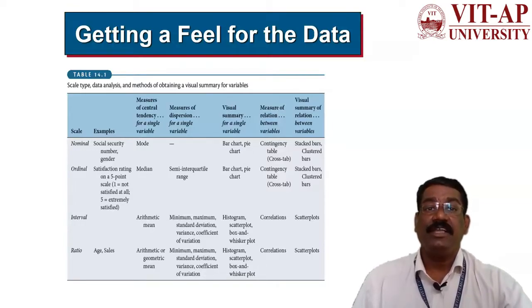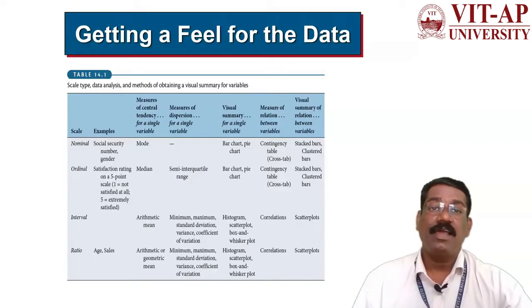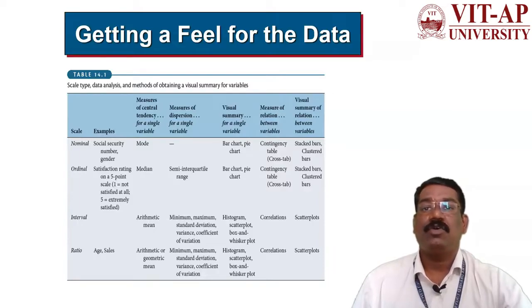So getting a feel for the data is thus the necessary first step in all data analysis. Based on this initial feel, further detailed analysis may be undertaken to test the goodness of the data.